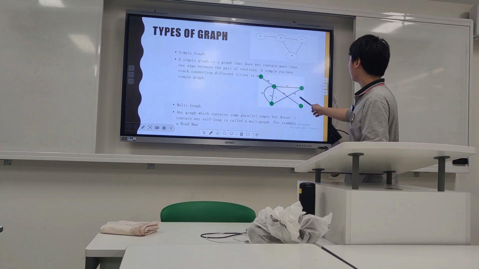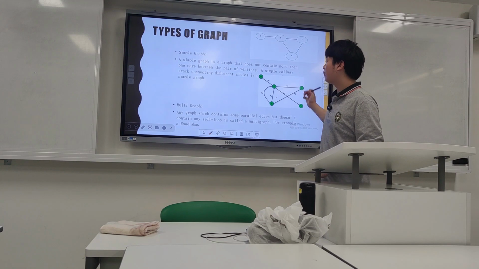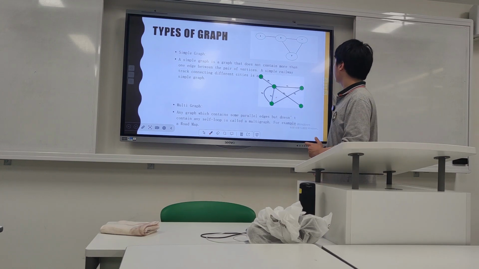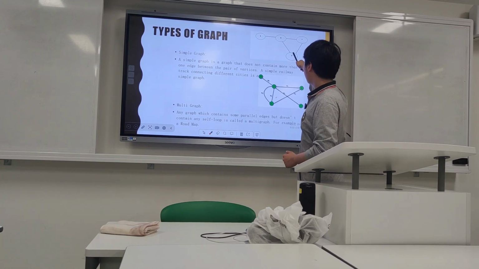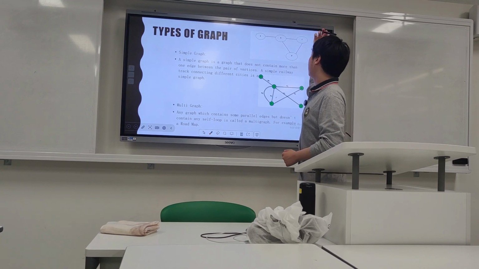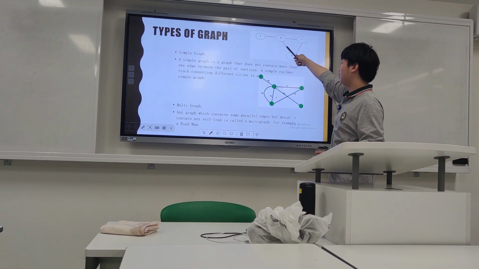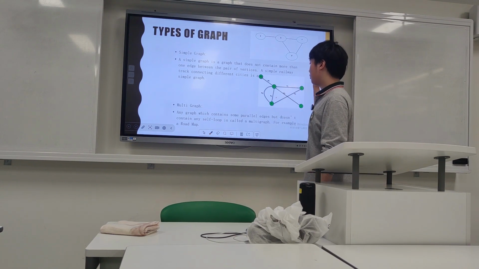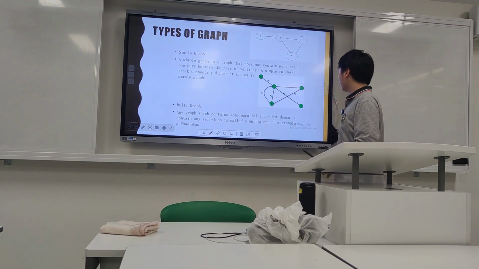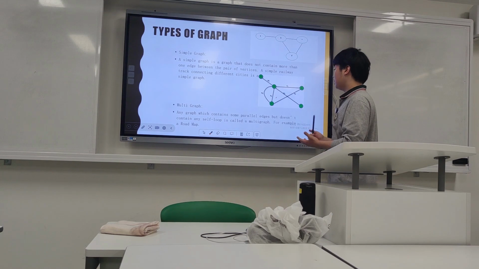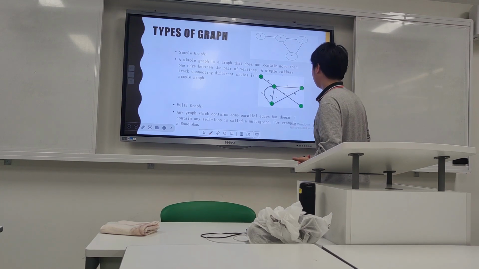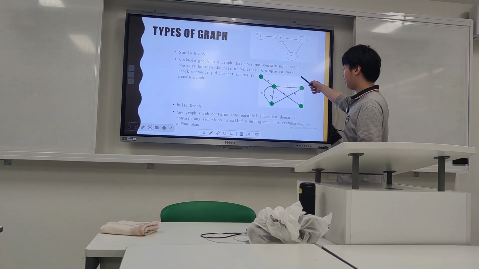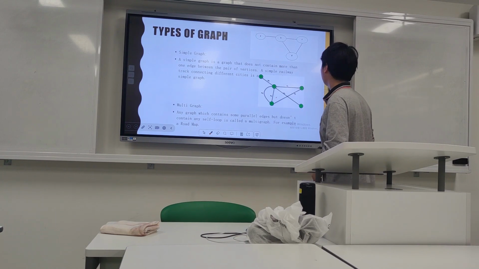And here we are talking about multi-graphs. Here is how a multi-graph differs from a simple or regular graph. A multi-graph contains some parallel edges, but it doesn't contain any self-loop. For example, a road map is a multi-graph.